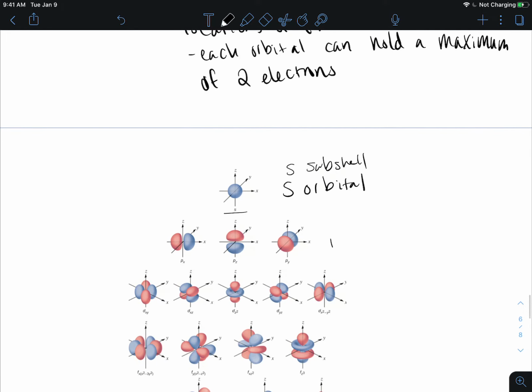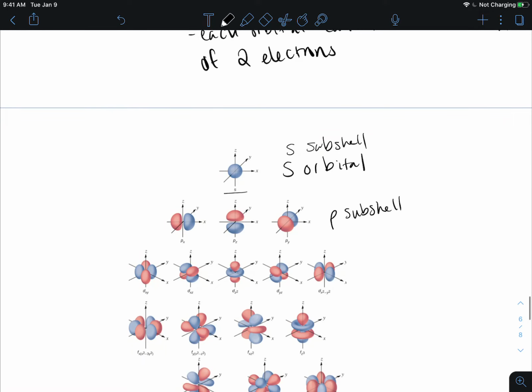Within our p subshell, we have three possible orientations along our x, y, and z axes. So we have three p orbitals. We have a px, where the lobes of our p orbital are along the x-axis. We have a pz, where we're along the z-axis, and then a py, where we are along the y-axis.